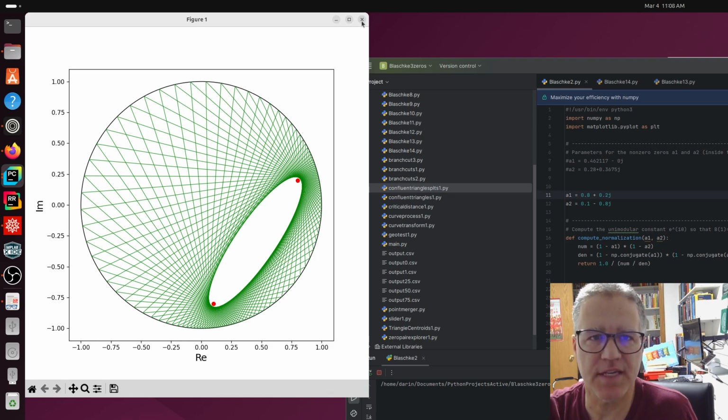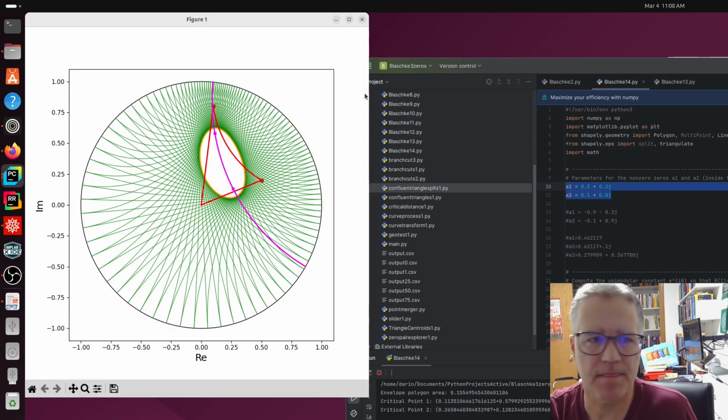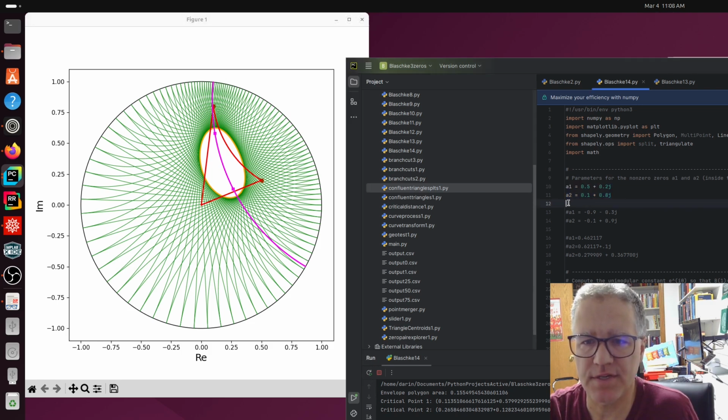Let's look at a hyperbolic picture. So now I've chosen some hyperbolic, and I'm showing a bit more here now. The red points are the zeros.